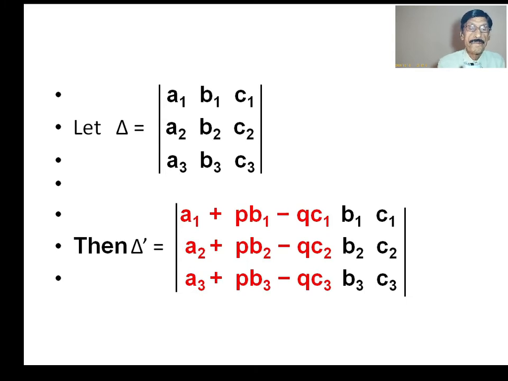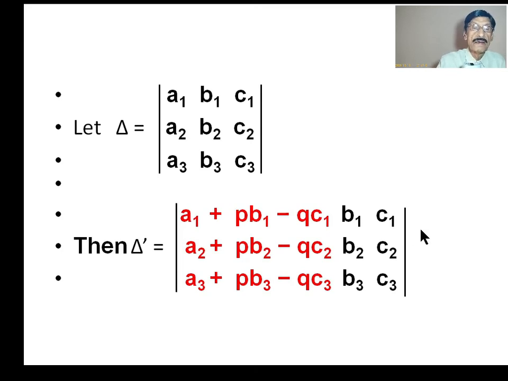Now in this, to the first column has been added P multiple of the second column and subtracted Q multiple of the third column. That means the first column has been changed and the second and third columns remain as they were.